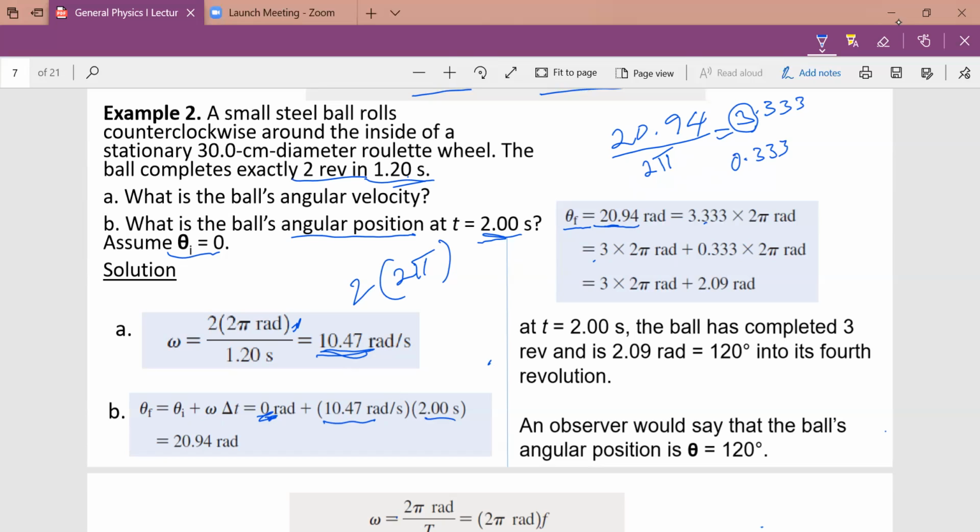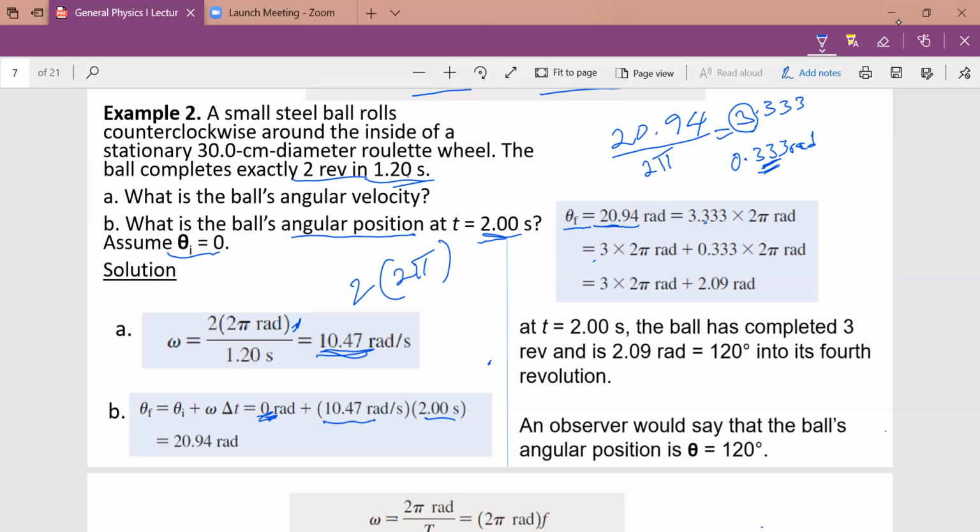So if this is 0.333 of a revolution, how do we know this position in terms of degrees so that we can better explain it in the quadrant? All right.